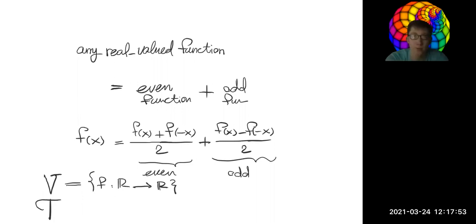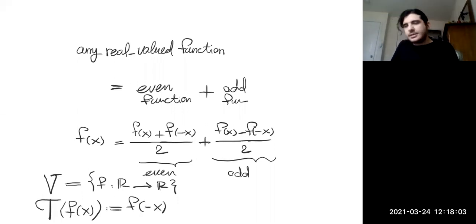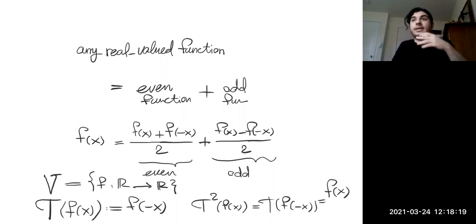T of f of x equals f of negative x. That is correct. T of f of x, we can define it to be f of minus x. So the simple thing here is that T squared of f of x is equal to T of f of minus x, which is equal to f of minus x, which is f of x. So T squared is identity.